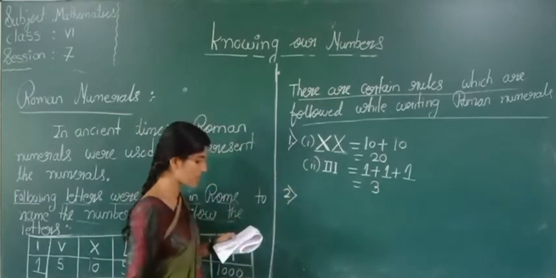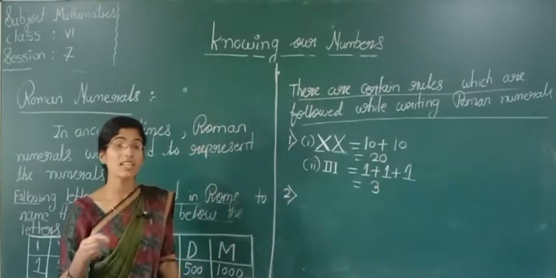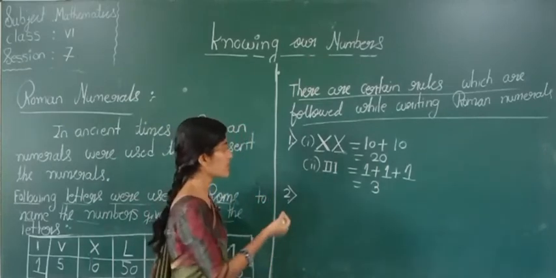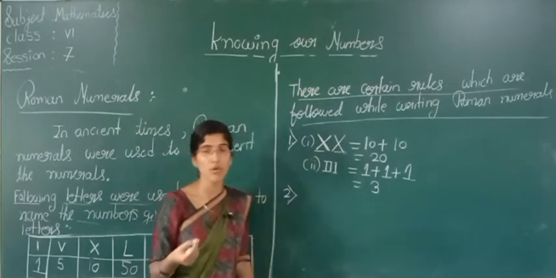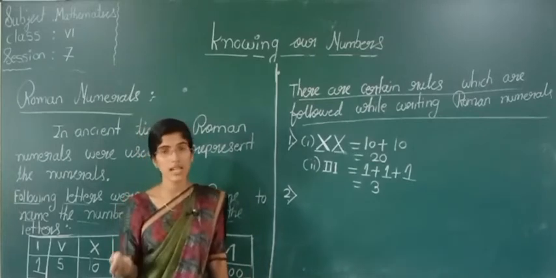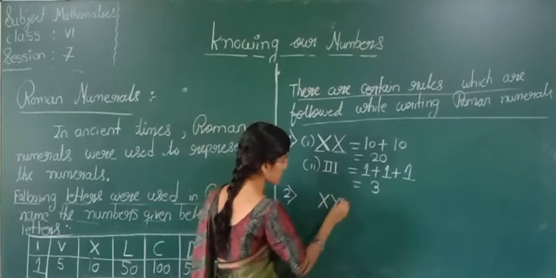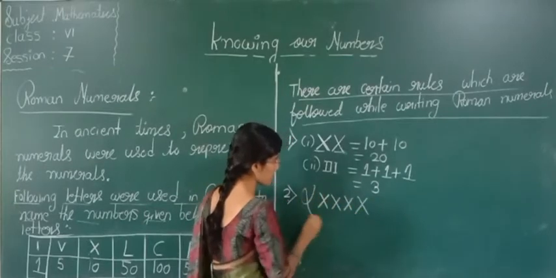The second rule tells us that a symbol is not repeated more than 3 times. We can't repeat the symbol more than 3 times. If you repeat the symbol 4 times like this, it is wrong.